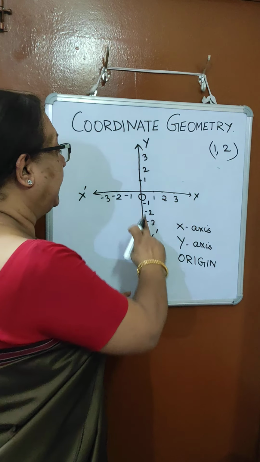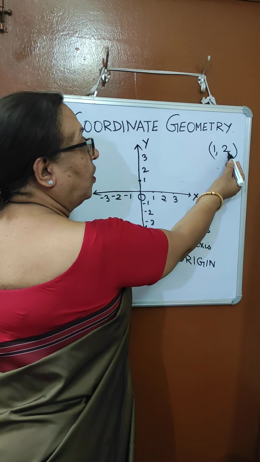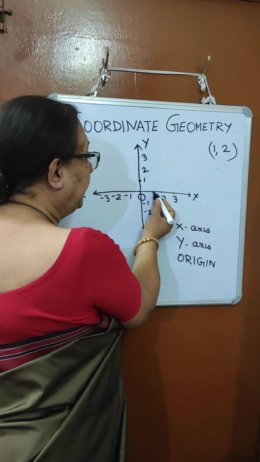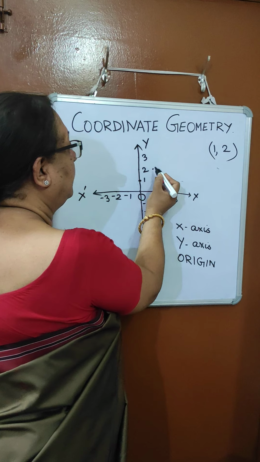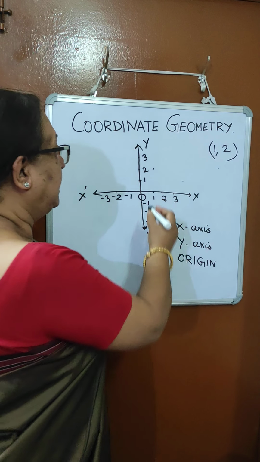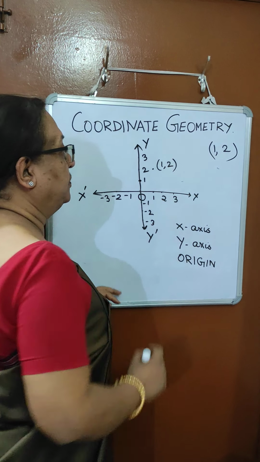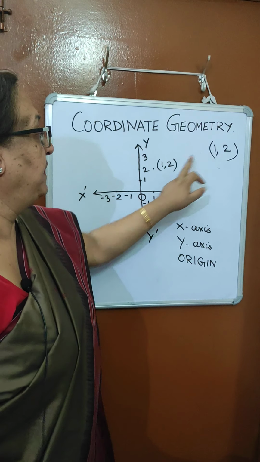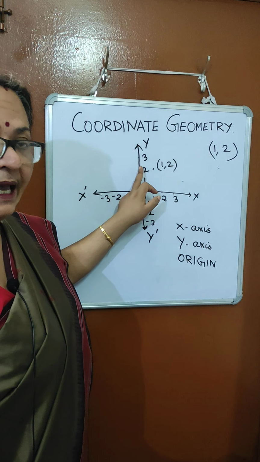So 1 on the x-axis and then 2 on the y-axis. So from here we move 2 units. So this point represents 1, 2. Okay, so the first number is always on the x-axis, second one is on the y-axis.